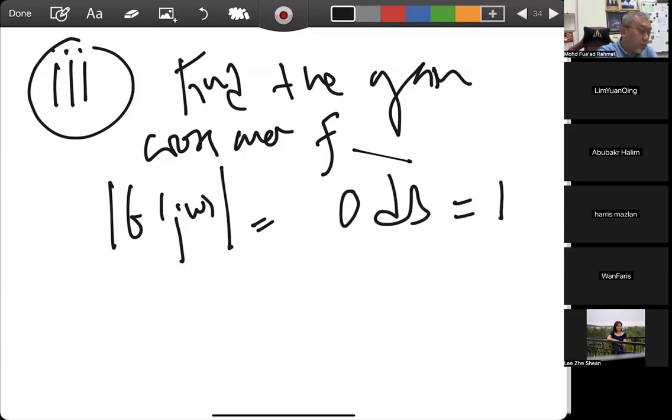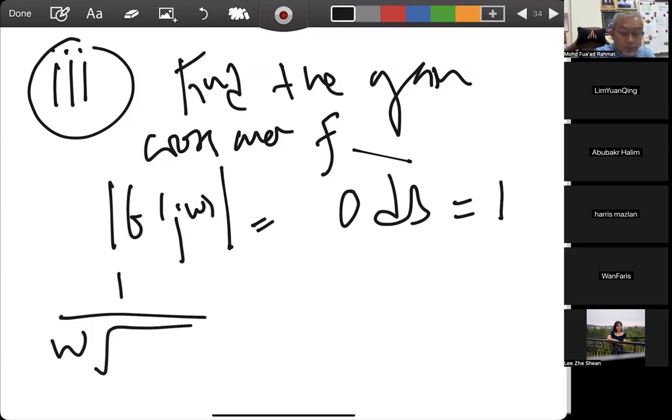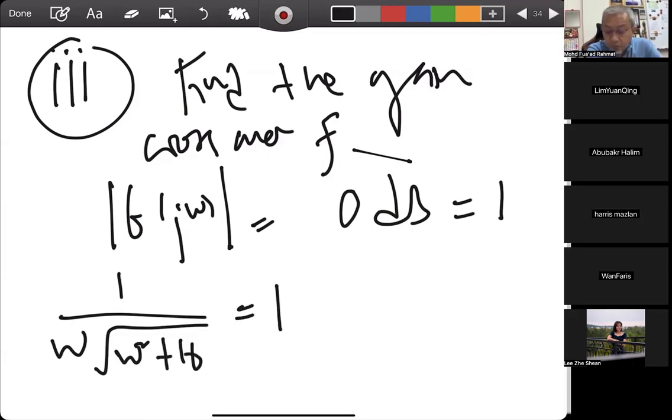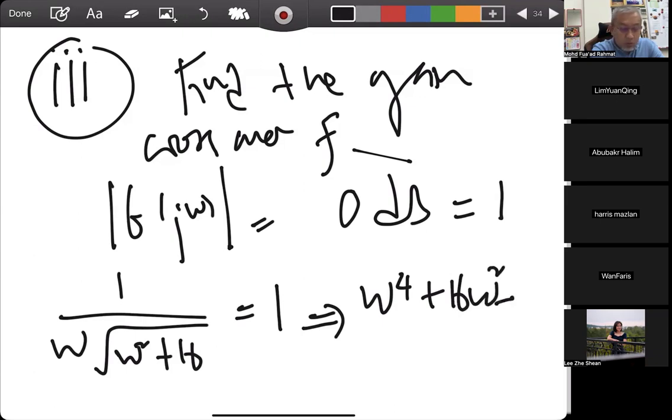So what you should do is omega square 16 equal to 1. You simplify this, so you will get omega 4 plus 16 omega square minus 1 equal to 0.